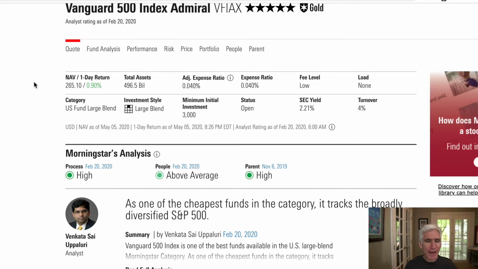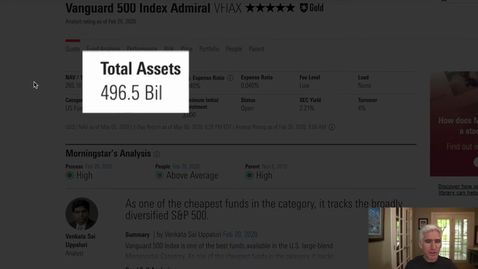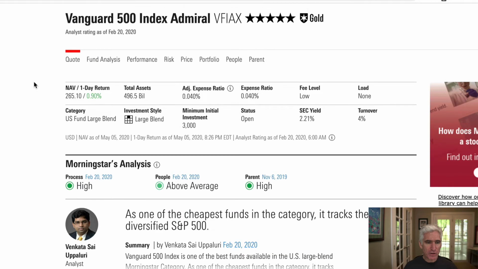And then total assets, you can see here, it's in billions, $496 billion. Certainly for index funds, you're going to have funds that are quite large generally, unless they track a rather obscure index. But for something like a Vanguard S&P 500 index fund, the assets are going to be quite large. In and of itself, not highly relevant.